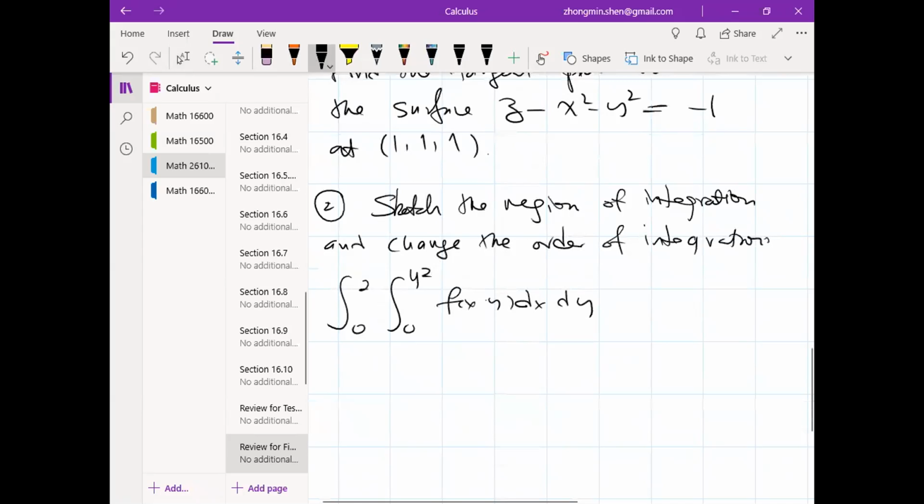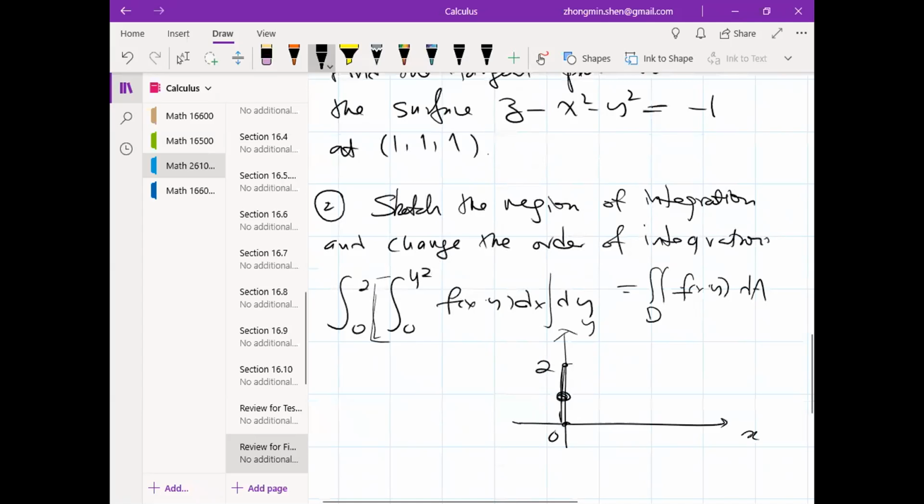So let's understand this iterated integral. It's somehow a double integral of the function over dA, so we have to figure out D. Now from this iterated integral, you will see that there's no restriction on the y variable. Y is from 0 to 2, so y is an arbitrary point between 0 and 2.